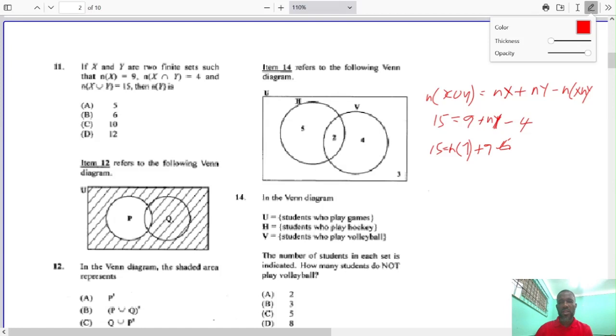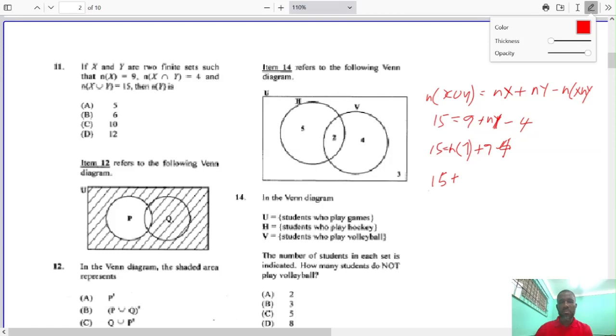So 15 is equal to the number in y plus 5. Therefore, the number in y is equal to 15 minus 5, which is equal to 10. So our answer here is 10. Number 11 is equal to 10, which is C.